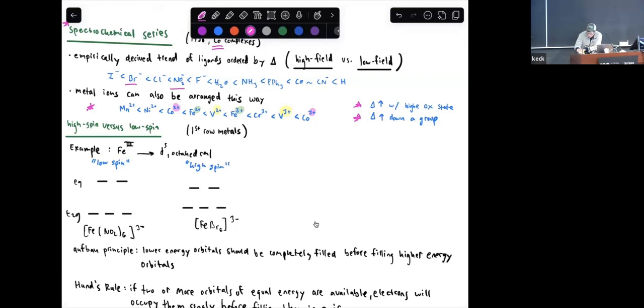So maybe if you hadn't been told a priori which was which, it might be difficult, but you can consult this ordering, and then you can consult the ordering below and say, okay, iron's in its high oxidation state, +3 probably is relatively high splitting energy, so we'll go ahead and call that high enough splitting energy qualitatively to define it as low spin, and then we can fill in electrons.